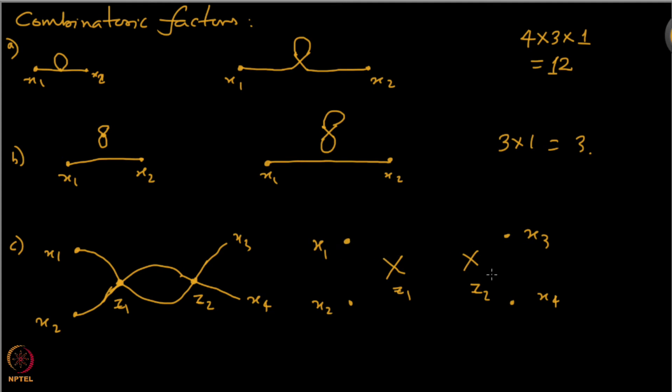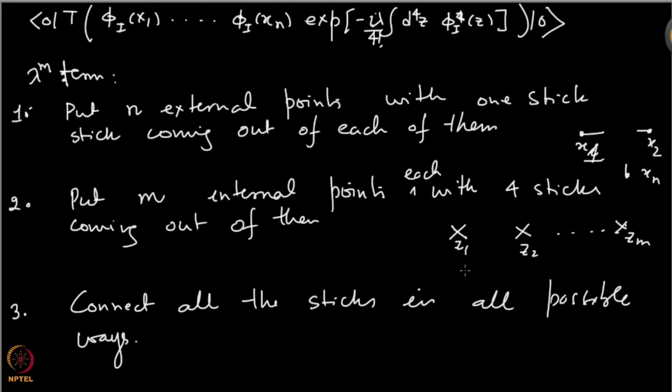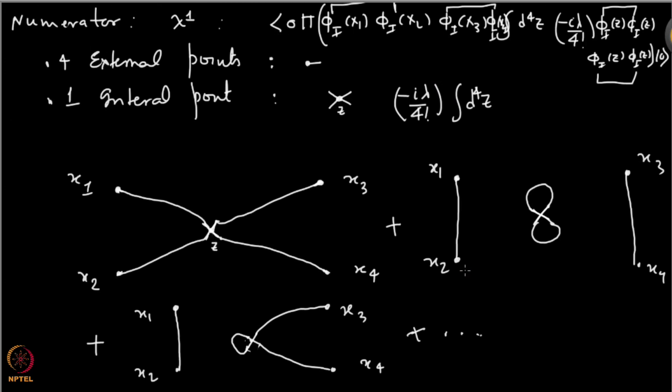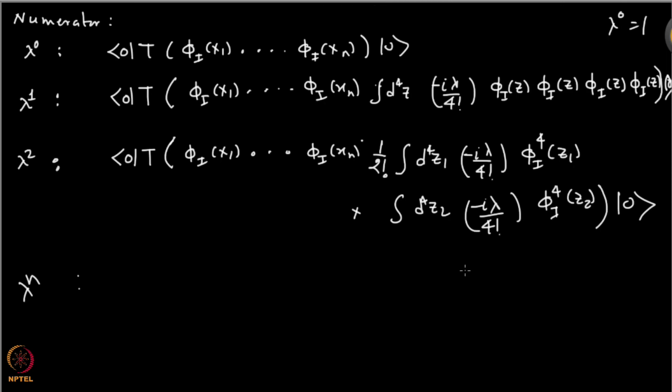It can go to any of the 8, because see, Z1 and Z2 are dummy. If you look at the expression here, I think I wrote it somewhere for here. These Z1 and Z2 are dummy. There is no distinction between this factor and that factor. So, when you are contracting phi x1 with this, you can contract, or with that one you can contract.